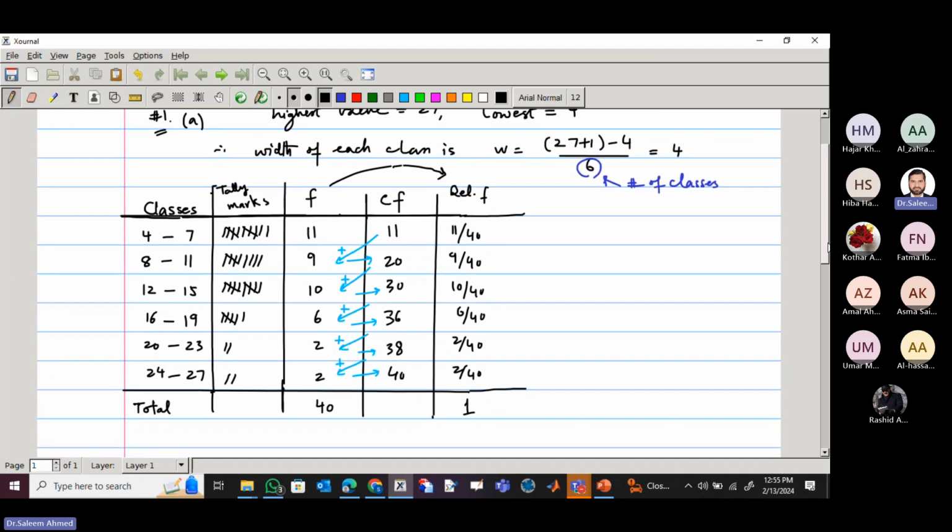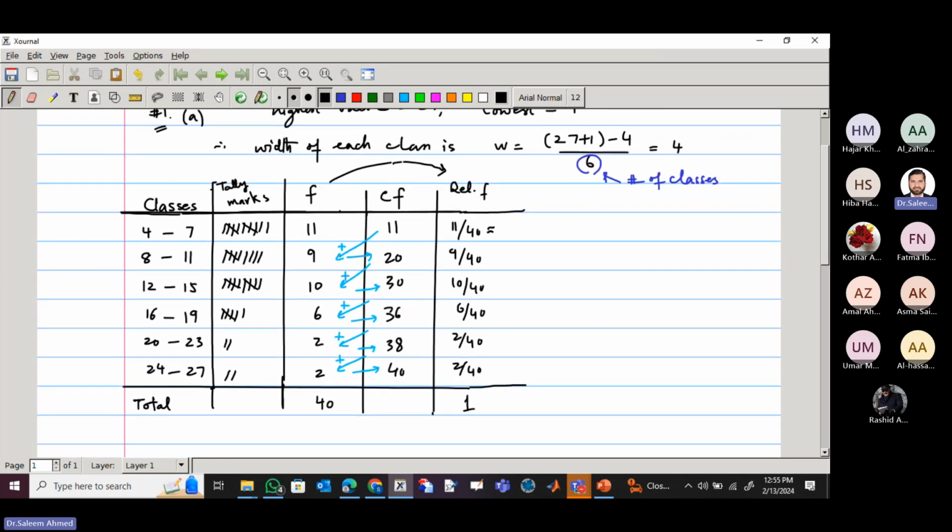So this is the answer to part 1. You can write here whatever, use calculator, you can write the numbers, approximate numbers.